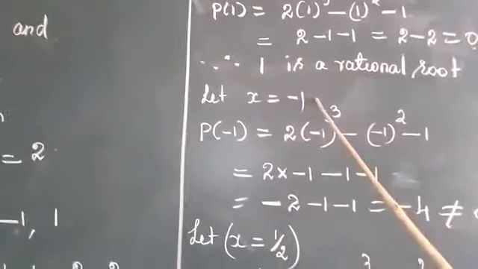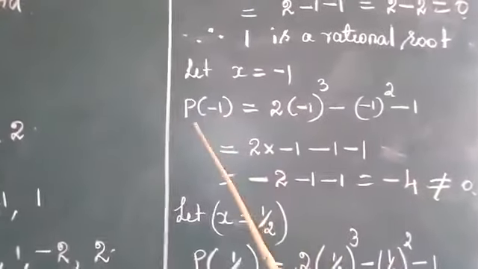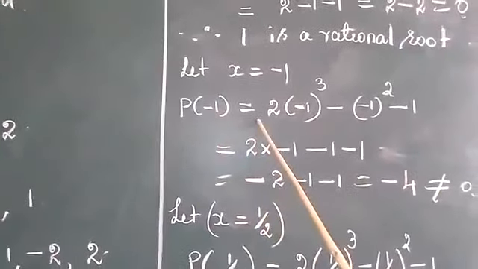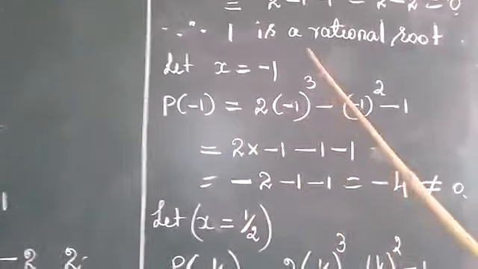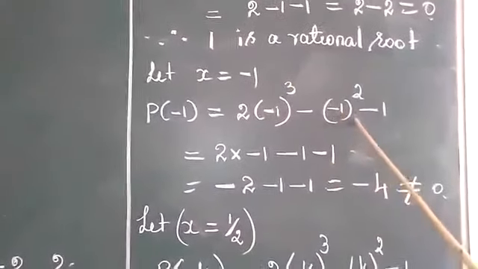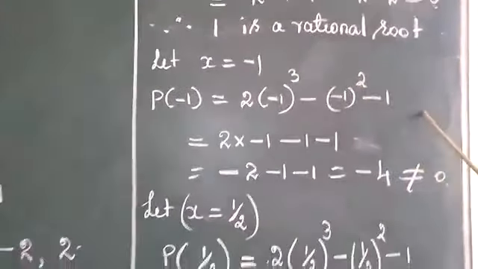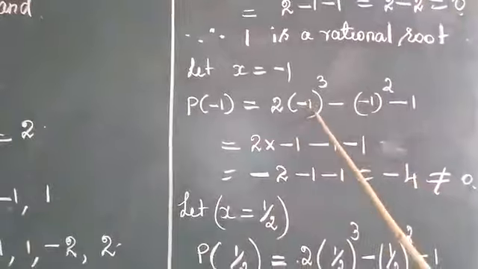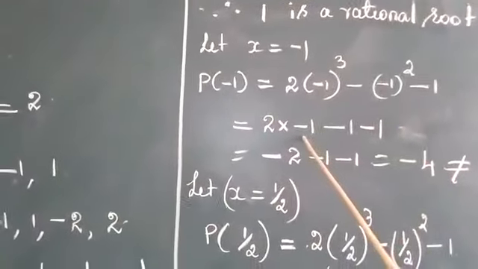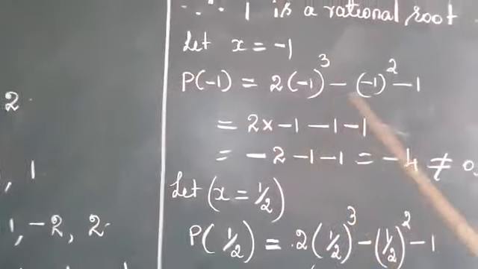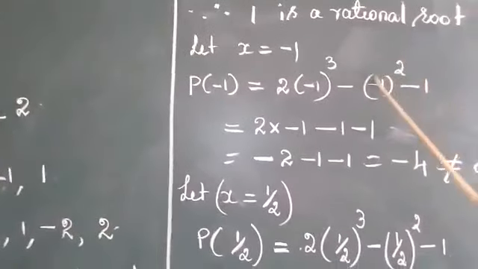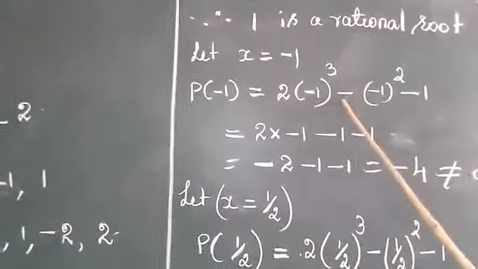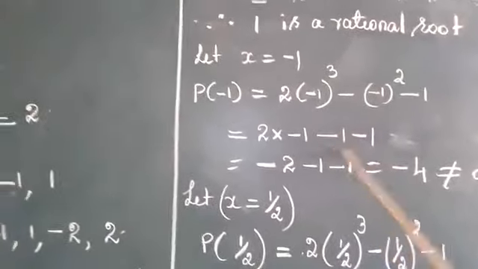Next, we take x equal to minus 1, and if we substitute here, p of minus 1 is equal to 2 into minus 1 the whole cube minus minus 1 the whole square minus 1. Minus 1 the whole cube becomes minus 1, and minus 1 the whole square becomes plus 1, but there is a minus sign, so we write minus 1, minus 1.